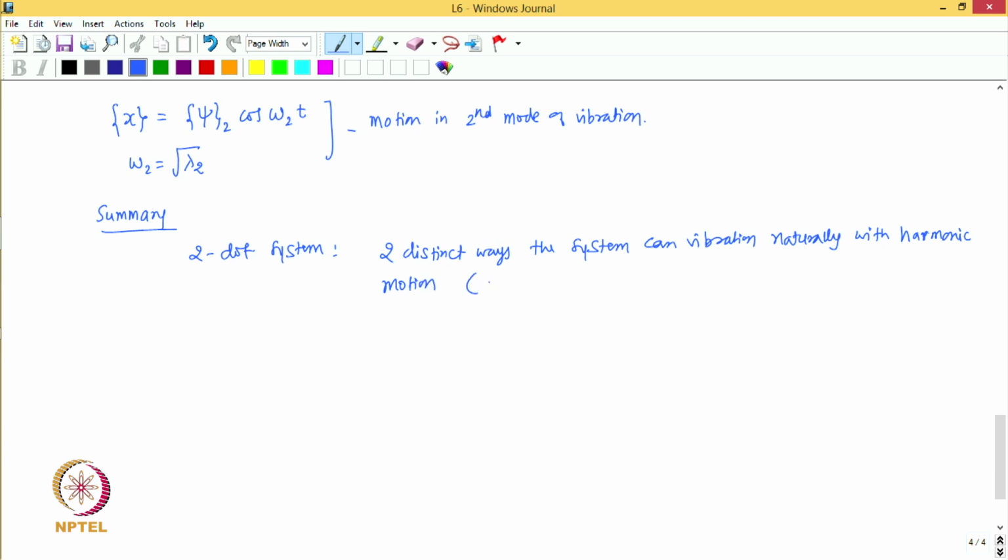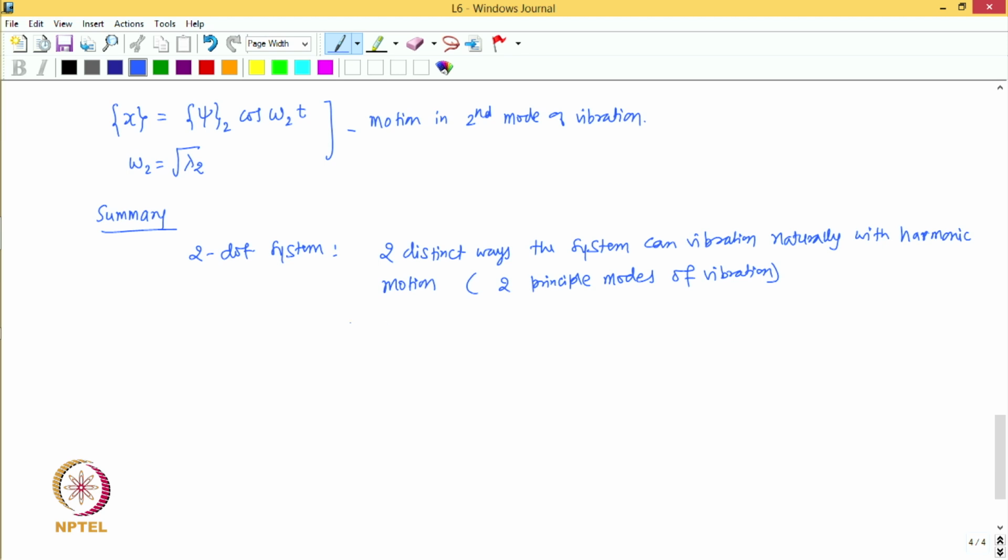Okay, and therefore, we say that there are two principal modes of vibration. Right, and they were obtained by solution of the eigenvalue problem of the system.